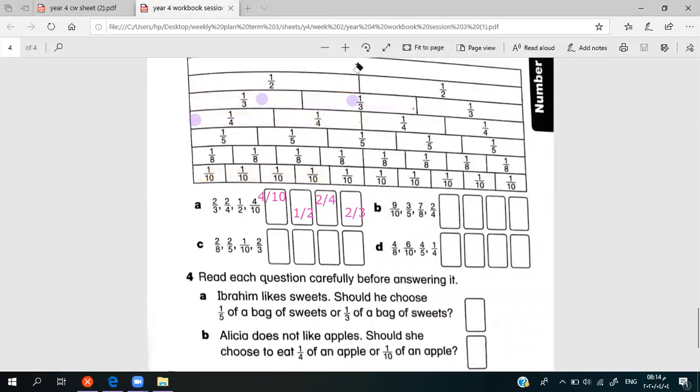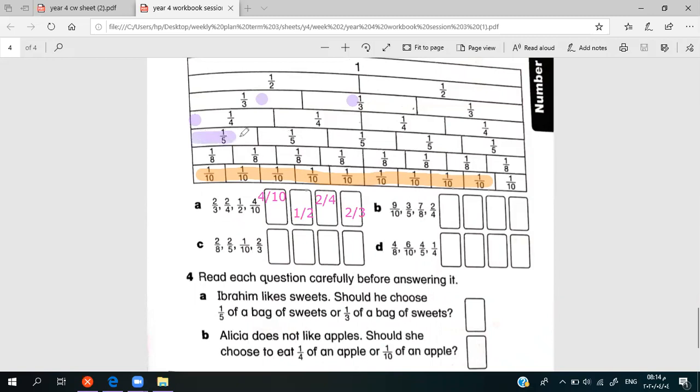Okay, let's do number B. 9/10. Here is the one divided into 10 parts. He wants 9 from them. So almost all of it is still here. 9 parts from the 10. Now he wants 3/5. Where are the 5 parts? Here they are.